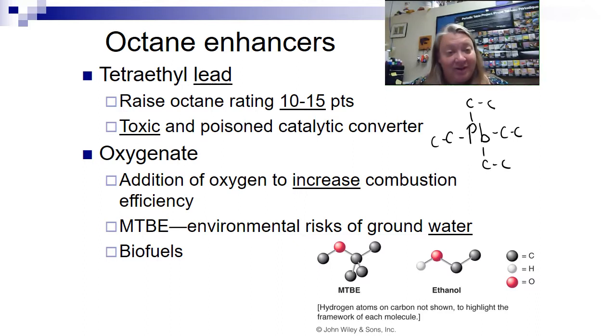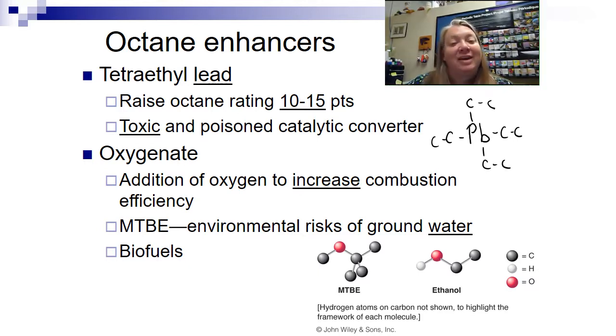So then what are you going to do? Well, what they did is they switched from leaded fuel. So when I was a kid, many years ago, I can still remember getting regular and unleaded. So regular had lead in it, unleaded, of course, did not. So they phased out the leaded fuel because it wasn't really great for the environment.